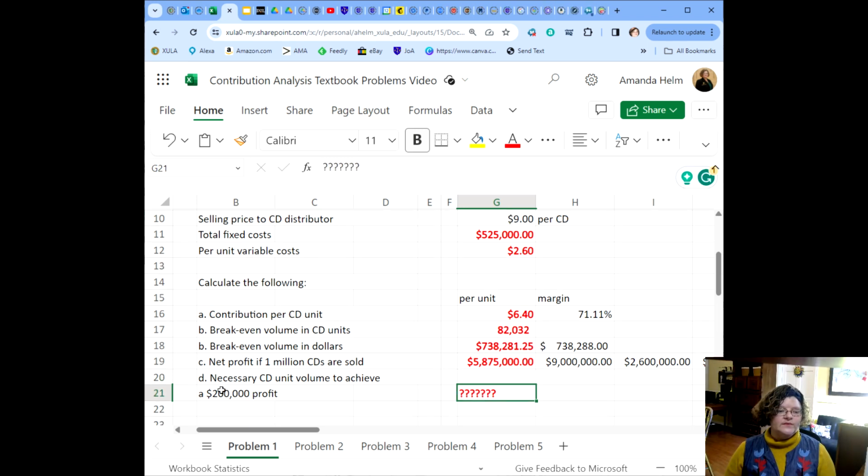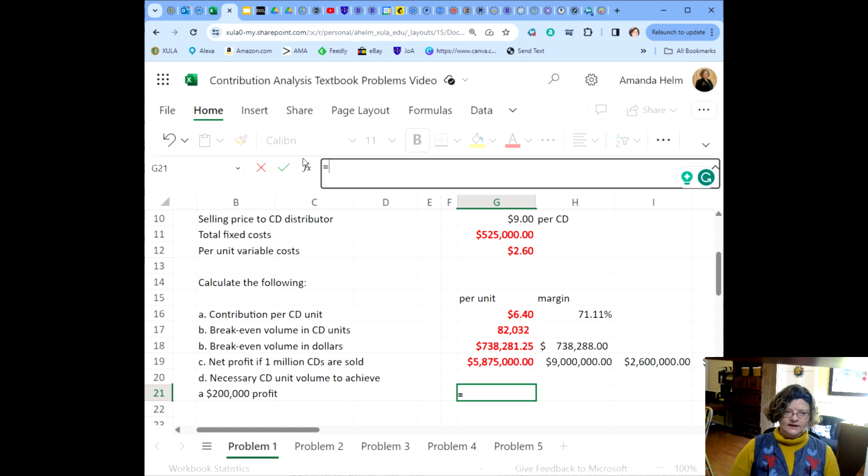Okay, so now this is a target profit type of contribution analysis. The number that's going to go on the top of my problem is my financial goal, which is my fixed costs plus the $200,000 profit I want to make.